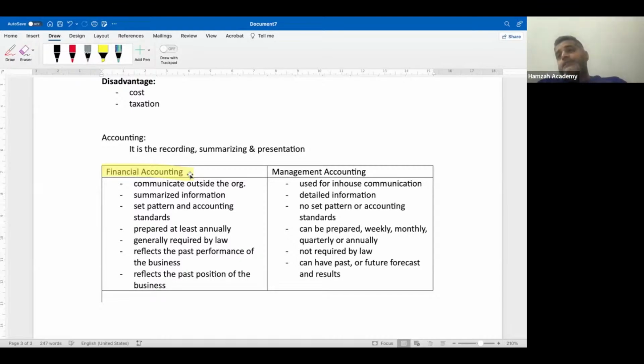So the management accounting, on the other hand, also reflects the past performance, but we have the forecasts and the budgets as well, and we do the forecasting over there. But again, the budgets or forecasting cannot ensure the future performance. Similarly, even financial accounting does not ensure the future performance. You can predict the performance on the basis of past practice, but you cannot guarantee it.